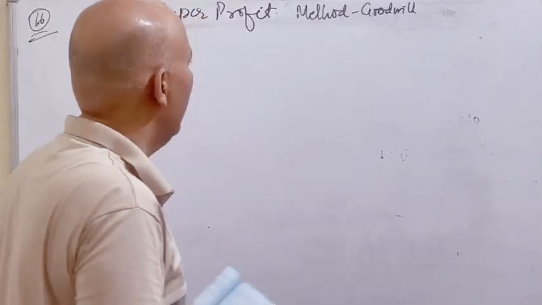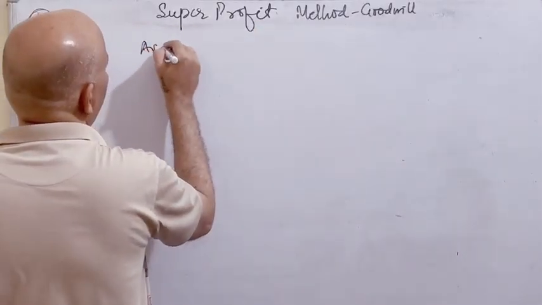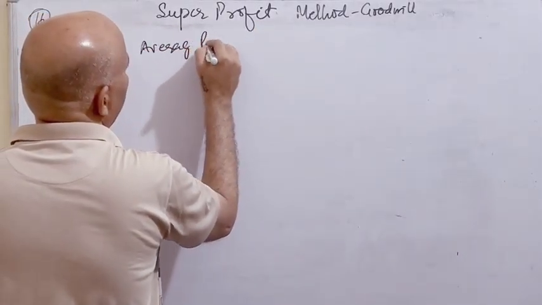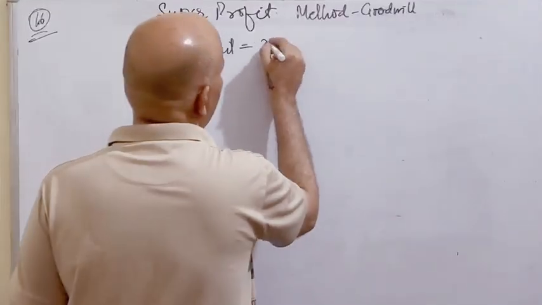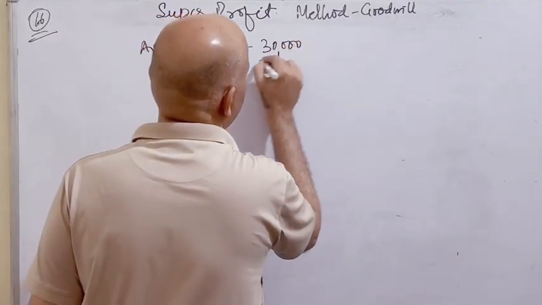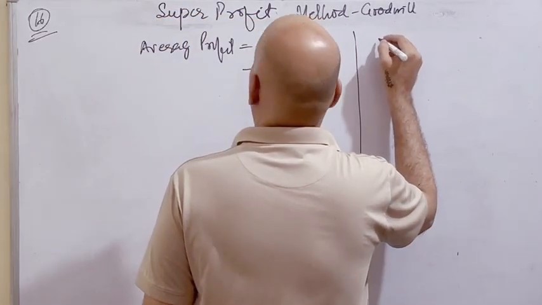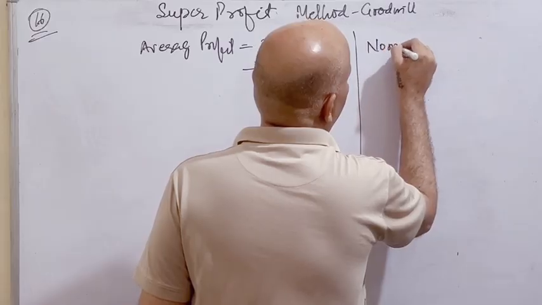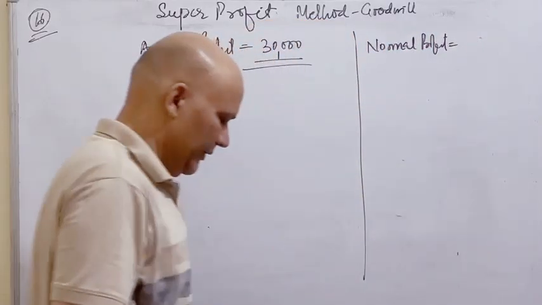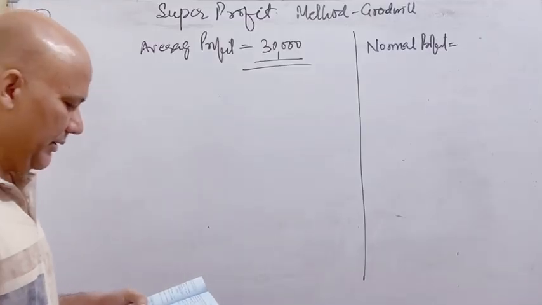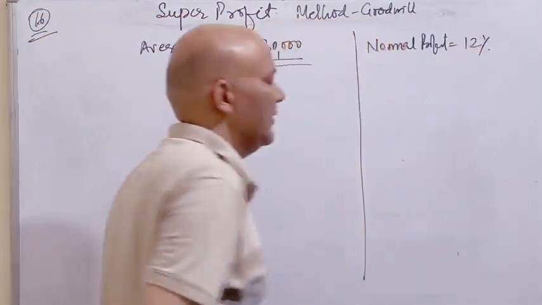Average profit is given: the average profit for the last 4 years is 30,000. Now we have to find the normal profit of the firm. Normal profit is given as 12% per annum on the capital employed.